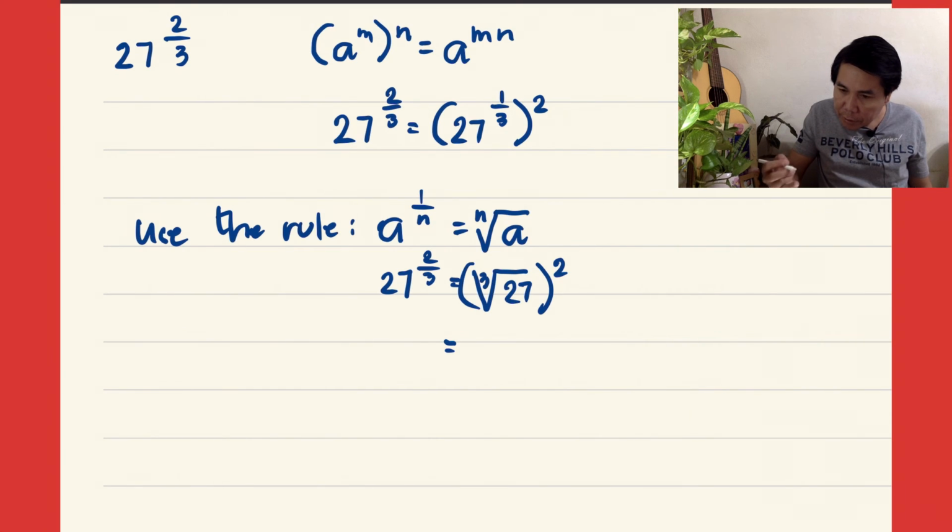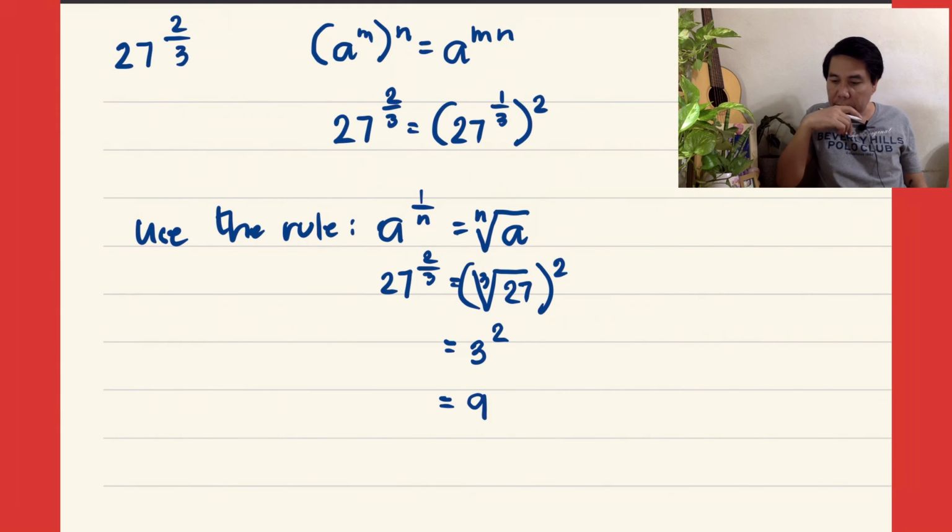We have 3 times 3 is 9, 9 times 3 is 27, okay, so we have 3 squared is equal to 9, because the cube root of 27 is 3, and then we have to square it because of the square there outside, so it becomes 9.